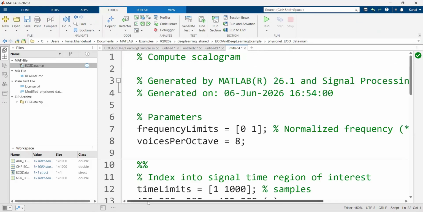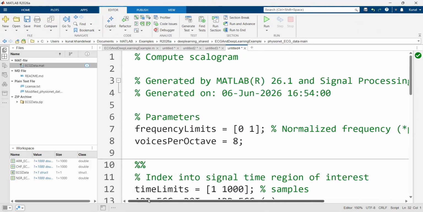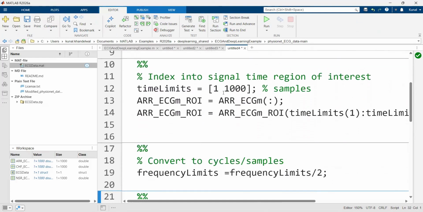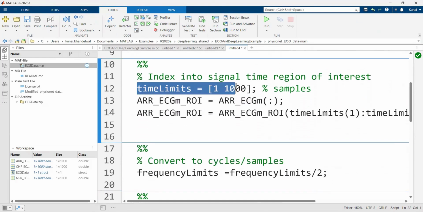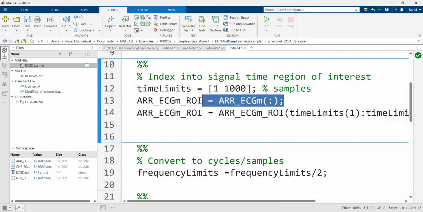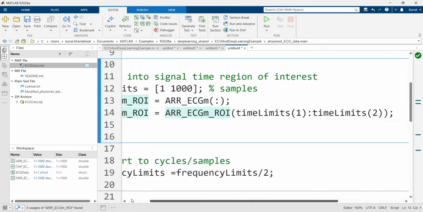It explains that this script has been generated by Signal Processing Toolbox, where you are computing a scalogram. You can look over here, because this was the range that we selected, that we want the samples from 1 to 1000, and then we are taking all rows and columns over here. Wonderful.